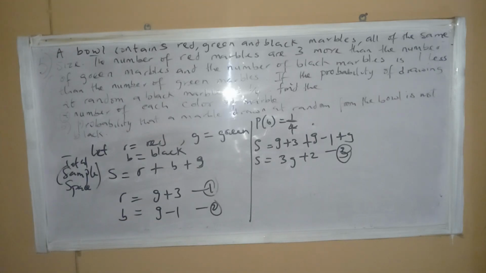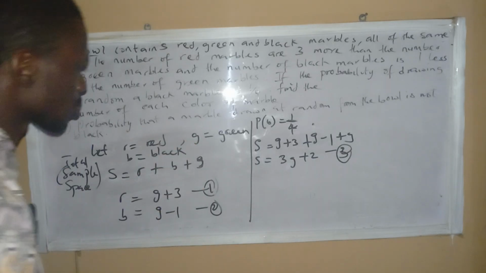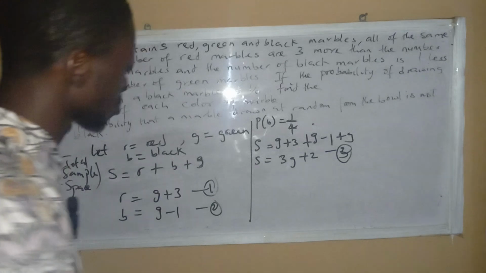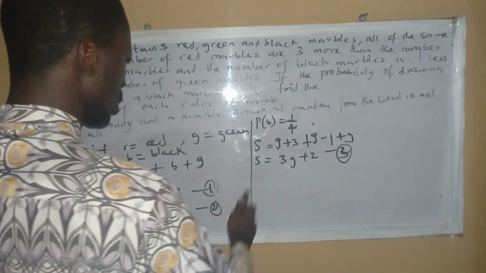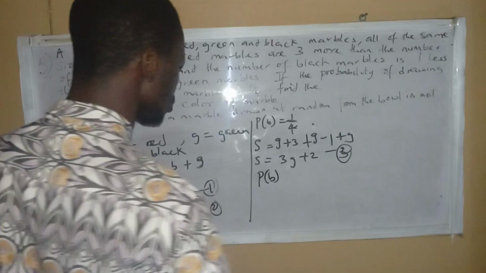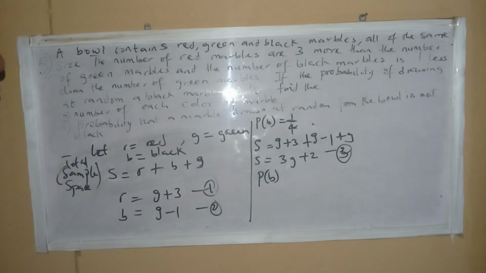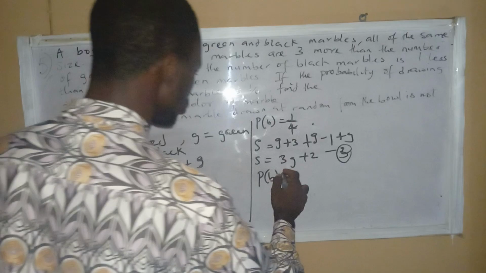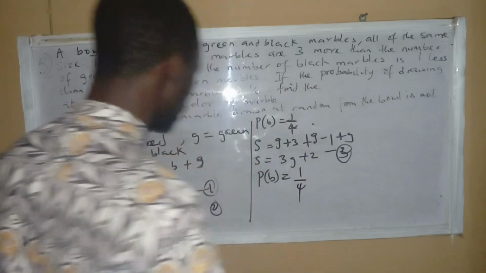How do we find the probability? We already know the probability of black is 1/4.